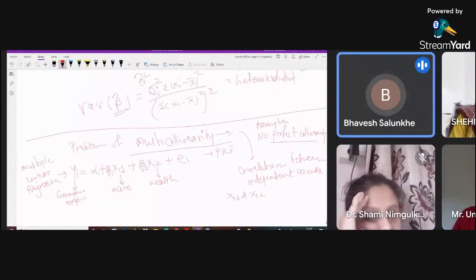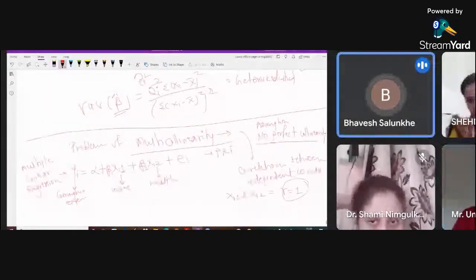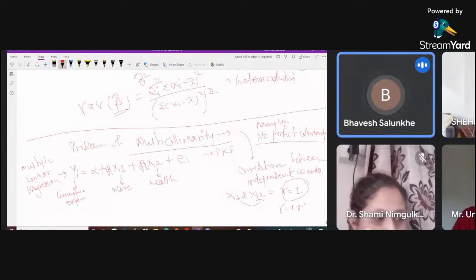When I say no perfect correlation, what do you mean? The correlation coefficient will be equal to 1 if it is perfect collinearity. So I mean that there is a correlation between x1 and x2, but it is not perfect, not equal to 1. It is very high, say around 0.85, or 0.90, but not perfect.